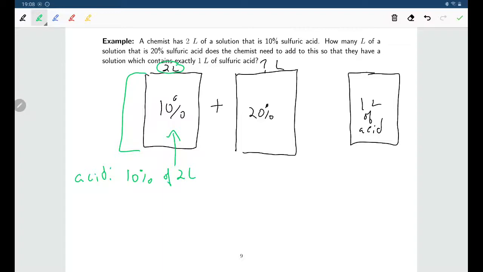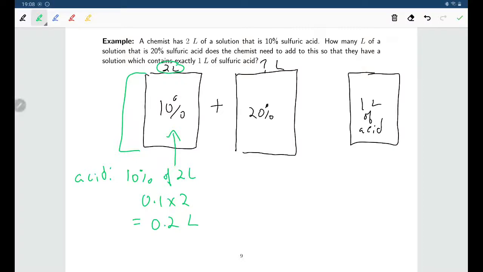So 10% of 2 liters would be the amount of acid that we actually have from that first solution. And 10% of 2 liters is 0.2 liters. So of the 1 liter of acid that we want to get at the end, we have 0.2 liters of that 1 liter at the end. What are we looking to find?